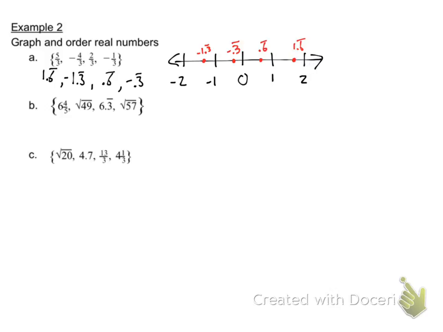Now, I could write that down. We could just write that order, but that wouldn't be what I would consider the best answer. Why would I not want to write negative 1.3 repeat, comma, negative 0.3 repeat, comma, positive 0.6 repeat, and so on?